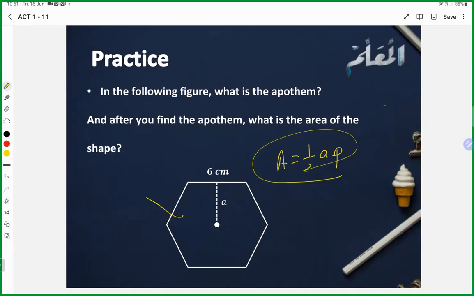But if we have a hexagon, we can avoid that by using this rule: 6 times square root 3 over 4 times side squared, which means the 6 equilateral triangles inside a hexagon get me the area of the hexagon straightforwardly without wasting time.